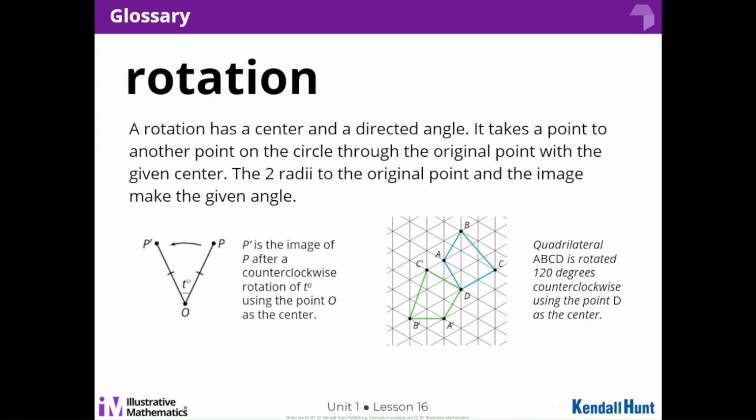And then on the right, we would say that the quadrilateral ABCD is rotated counterclockwise 120 degrees, and it creates the image A prime, B prime, C prime, D. D is the center point. The other 3 points rotate around it, so D remains the same.